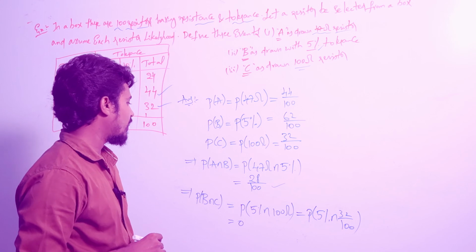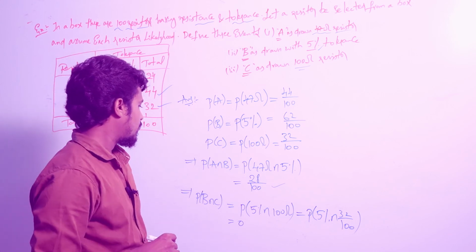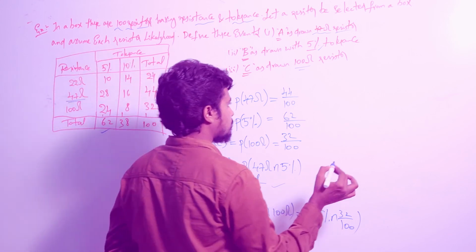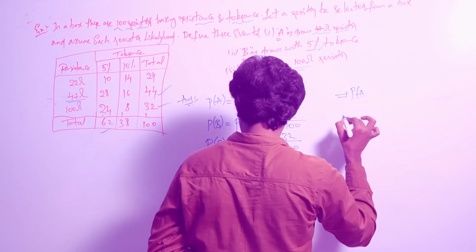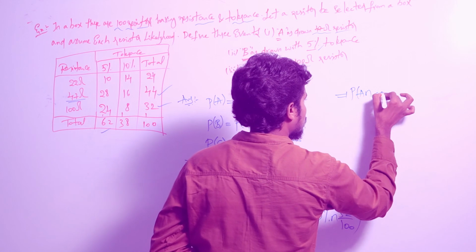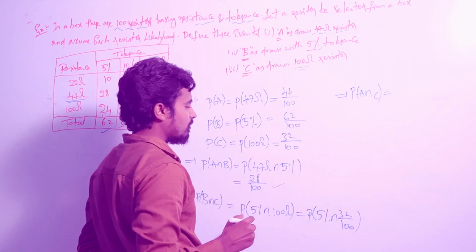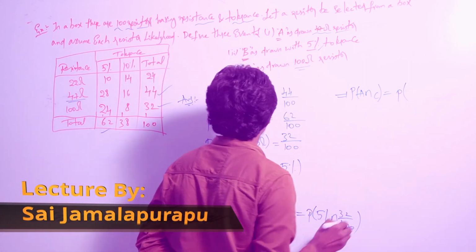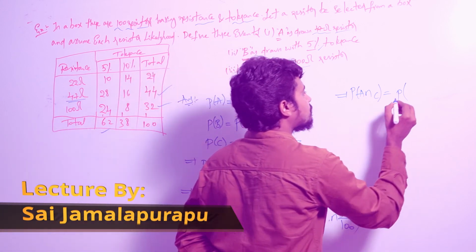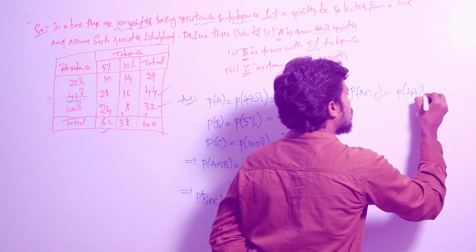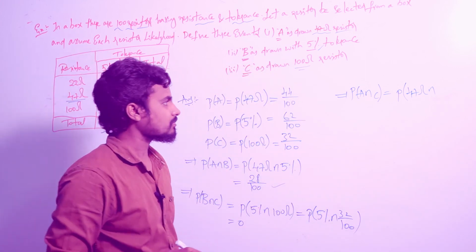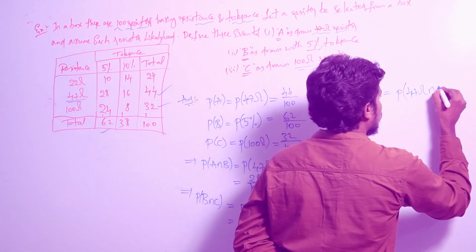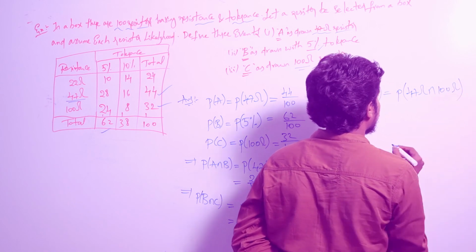And next, you have to apply the P of A intersection C. P of A intersection C, what will happen? That will be the P of A, the 47 ohm, intersection C, the 100 ohm.